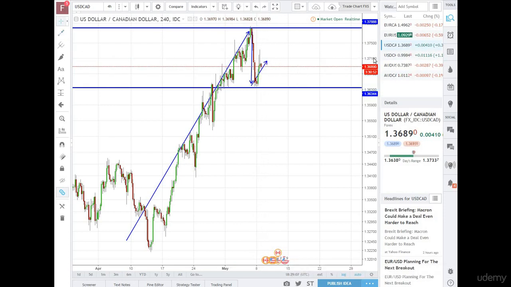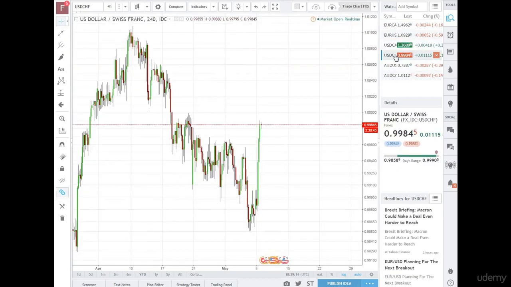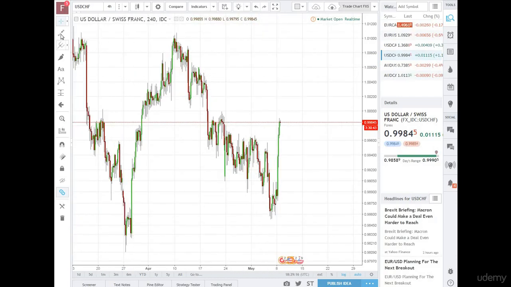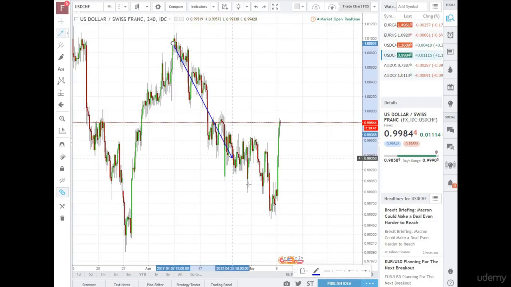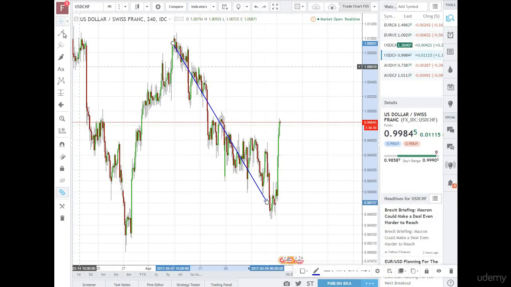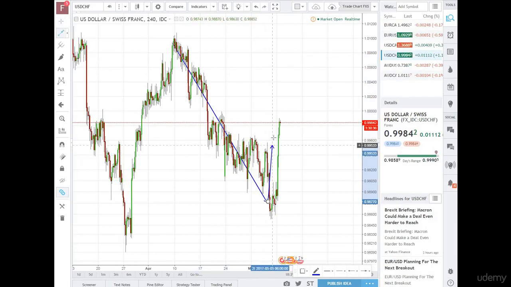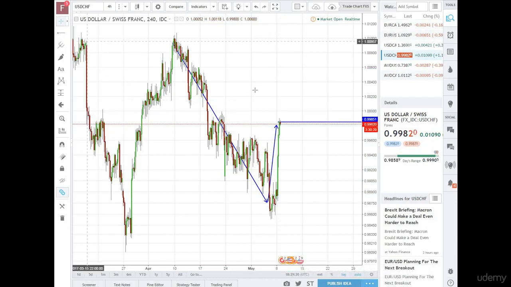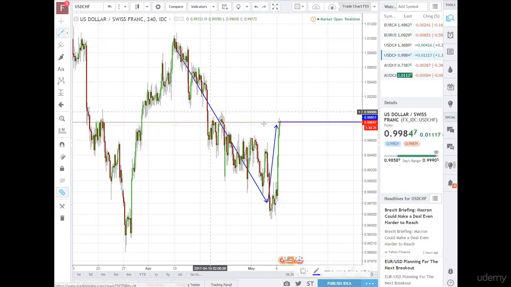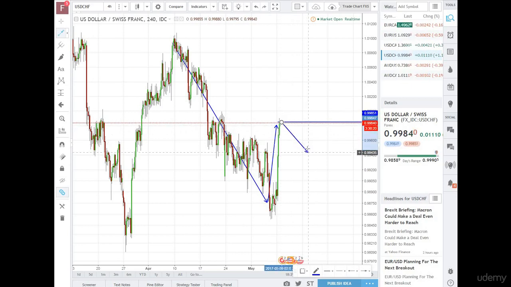And if we have a look at its positive correlated currency, which is the US dollar Swiss franc, price went bearish, it bounced, and it's currently at a rejection level where price is expected and anticipated, in terms of fundamental and technical analysis, to reverse from that point.